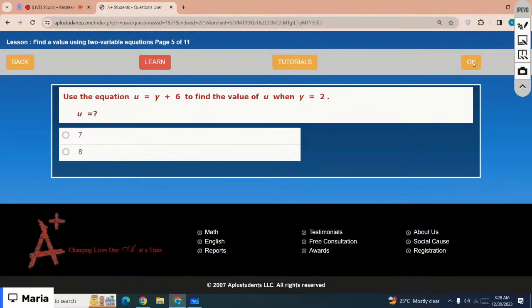Use the equation u equals y plus 6 to find the value of u when y equals 2. So, which is the correct option? You have to replace the variable y with the value 2. So, which is the correct option?